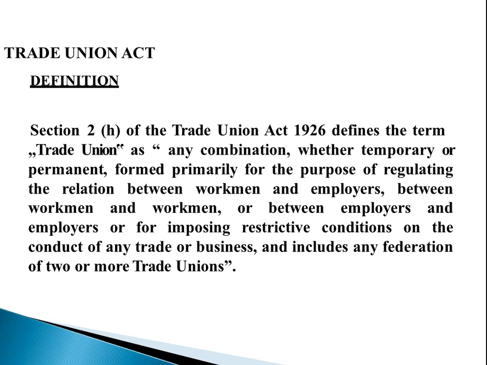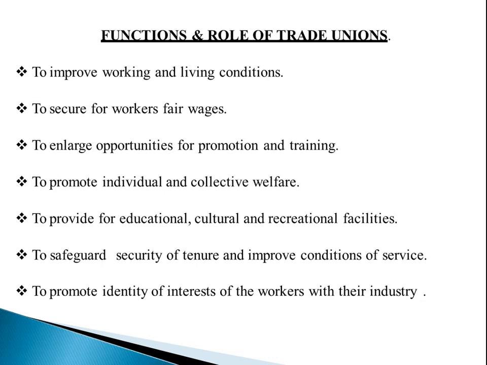What are the main functions or roles a trade union performs after forming? Why do people form groups, that is, trade unions? To improve the working and living conditions, which a single individual cannot do.